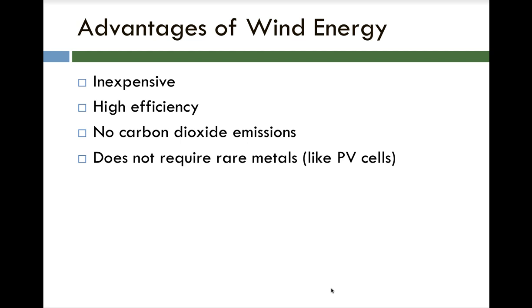Another advantage of wind energy is that it does not require any rare earth metals the way the photovoltaic cells do. So we're not going to have to do a lot of extensive mining to create these wind turbines. They are very difficult to manufacture, but it doesn't require any mining or strip mining or deforestation, things like that.